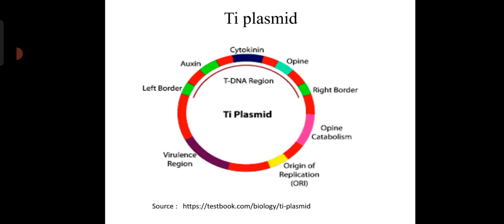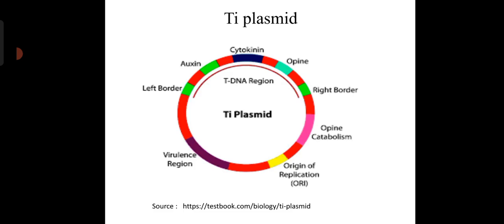The Vir gene produces nicks on the tDNA region at the LB, that is the left border, and the right border, and then the transfer DNA is sent into the plant cells. The Vir genes, which are involved in the transfer of tDNA, will not be transferred themselves. So these only help in the process of transfer.